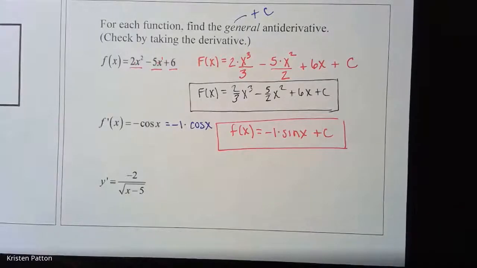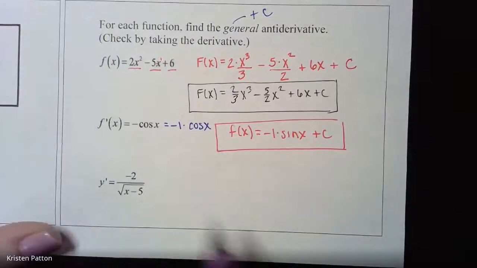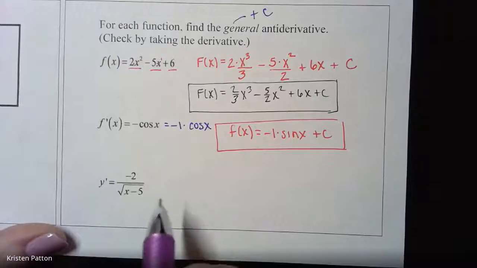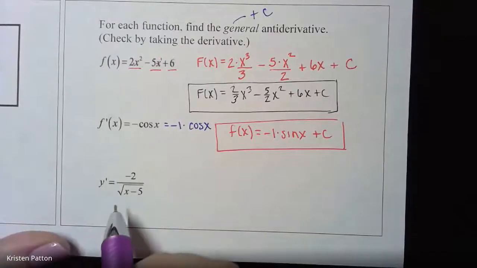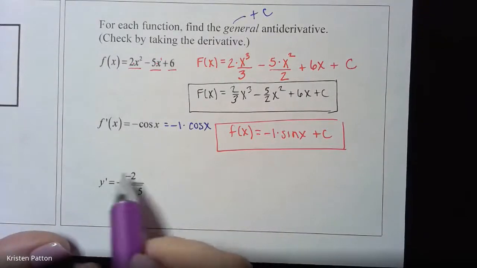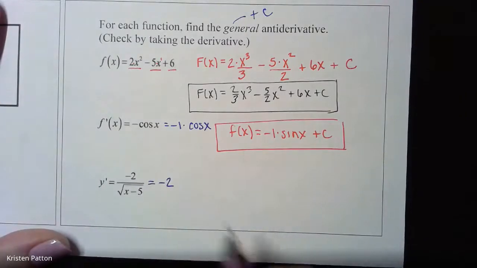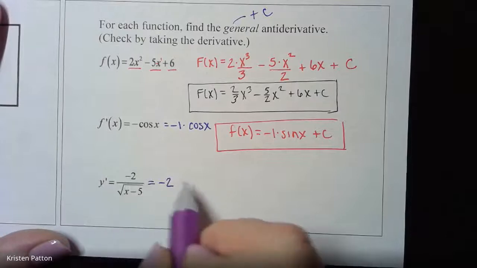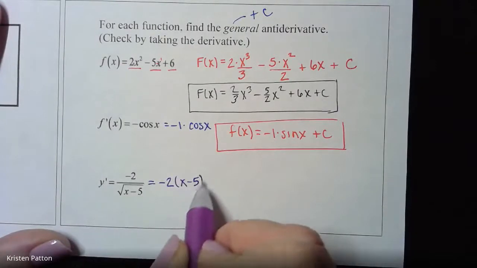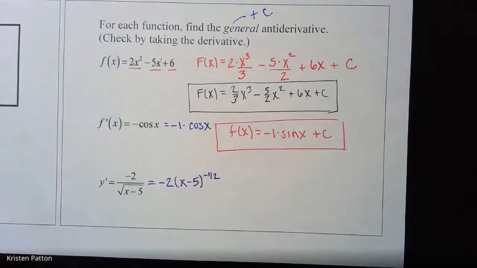I would move the square root to the top and make it like a negative exponent. Perfect. We would write it as a power, right? The reason I say that is because if you would use the power rule to take the derivative, you probably should think about the power rule for the antiderivative. So again, we're just going to take a stab at it. We don't know. So you're right. Let's take that x minus 5 and bring it to the top and use a -1/2 power.